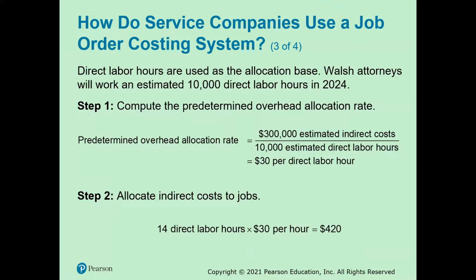As you see here in this slide, you have $300,000 estimated indirect costs divided by the 10,000 direct labor hours, which equals $30 per direct labor hour. Step two, you would allocate the indirect costs to the jobs. So here you have 14 direct labor hours times $30 per hour, which will be $420.